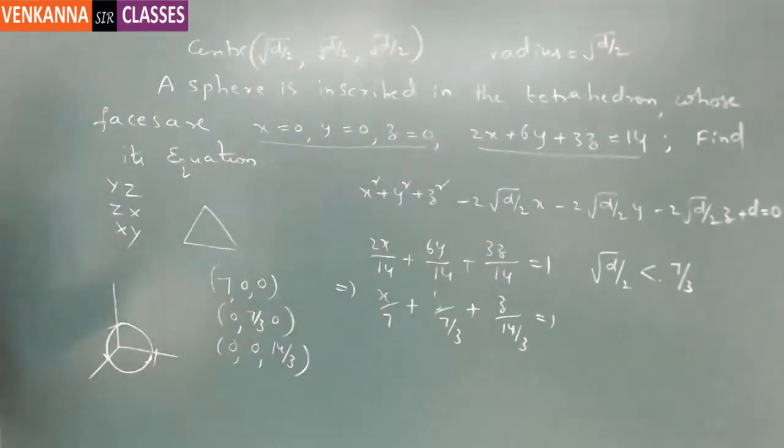Because if you simplify u square plus v square plus w square minus d, you will get root of d by 2, the radius value.